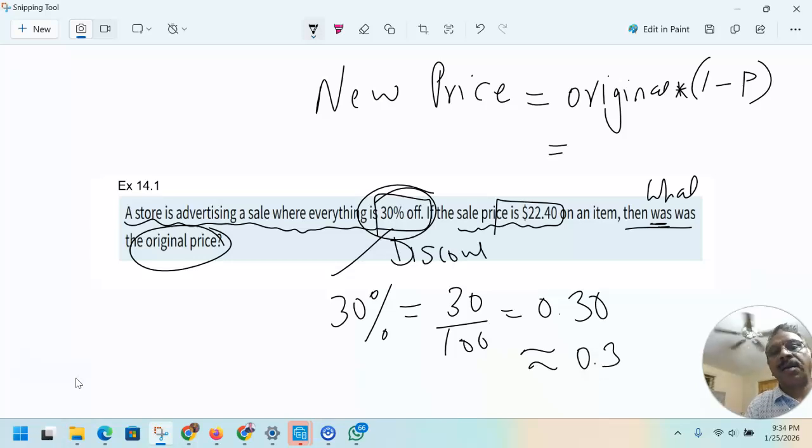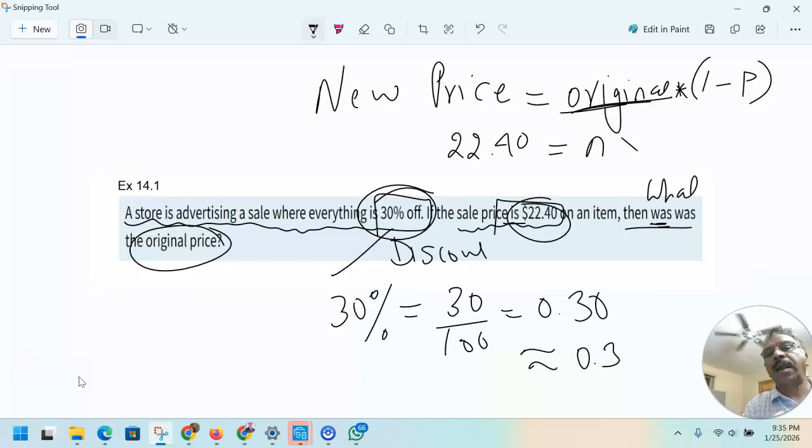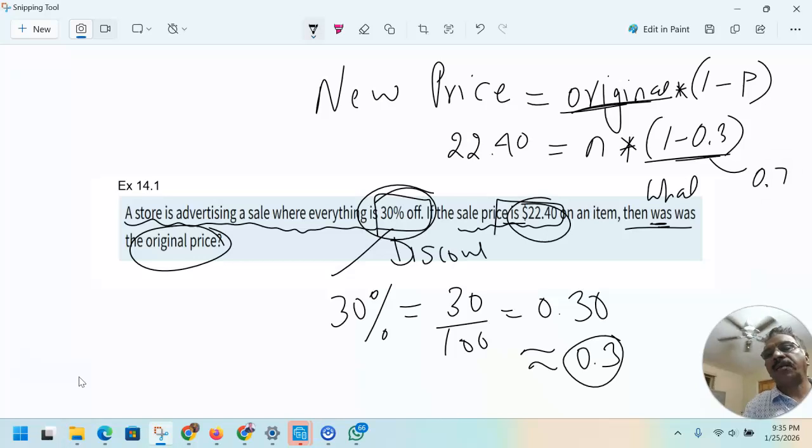The new price is already given, which is 22.40, and the original price is what we don't know. Because we don't know it, I'll put it as n times 1 minus 0.3.